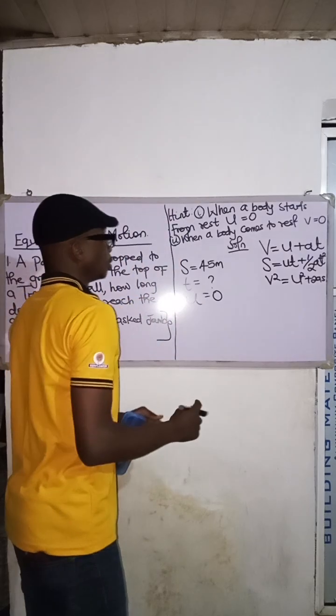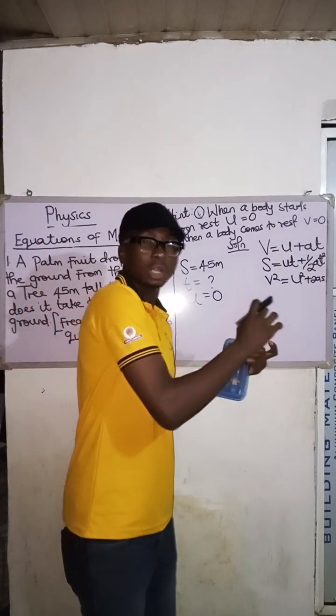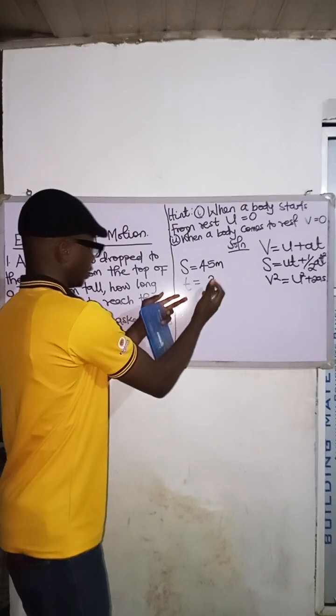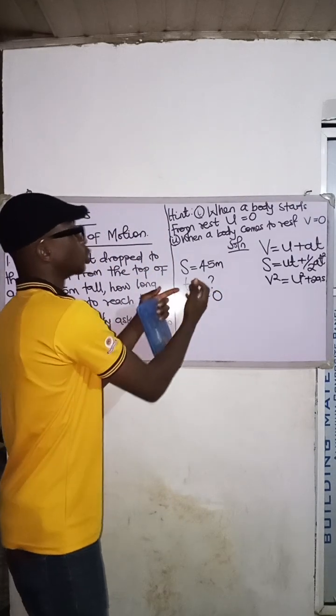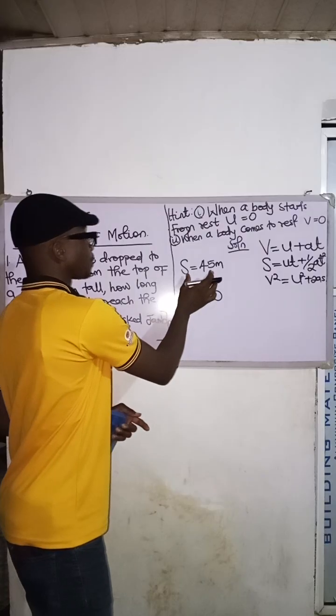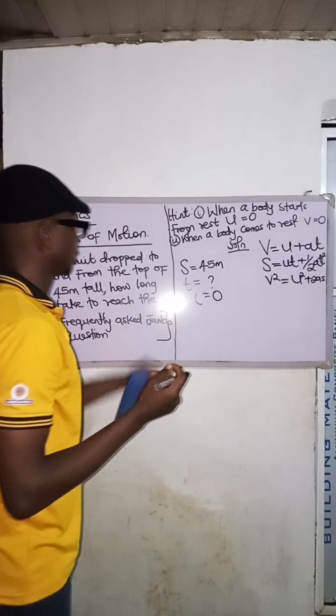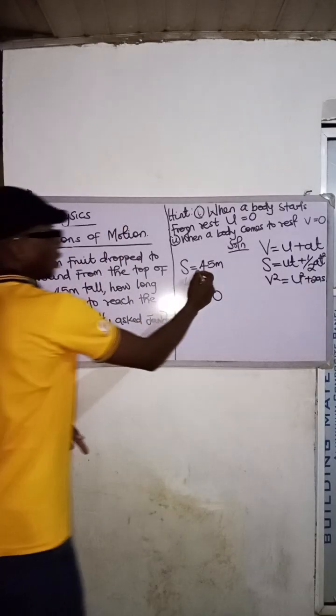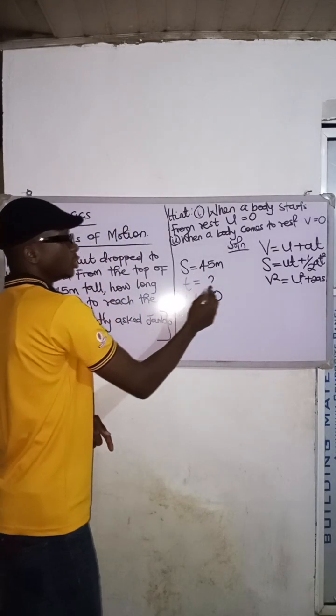Now let's solve. For us to know the particular equation or the particular formula we are going to use, you look at what you are given. What are we given from this question? We are given distance, which is the length of the tree, which is 45 meters. We are asked to calculate for the time.